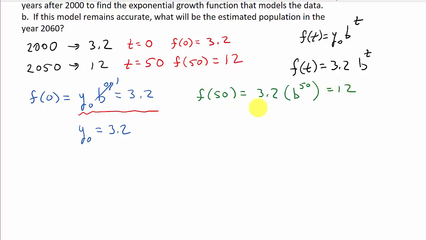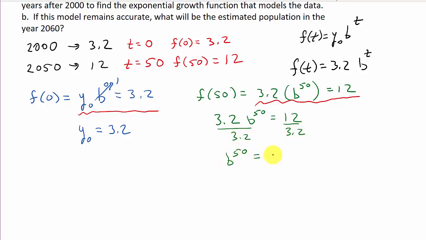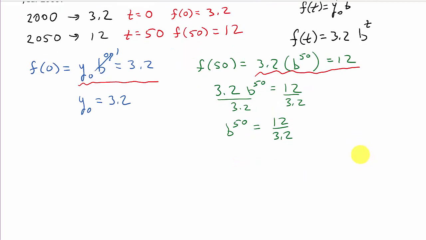I have this equation here that I can solve. So let me write it down again. Now let's solve for b. First thing I'm going to do is divide both sides by 3.2, and that gives me b to the 50 is equal to 12 over 3.2.